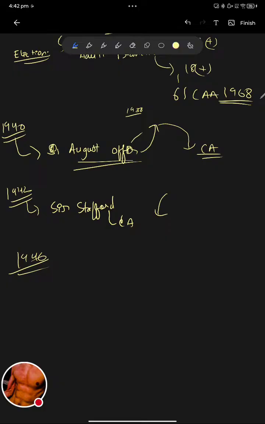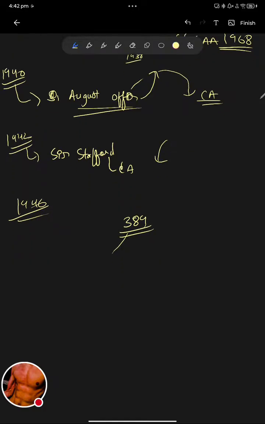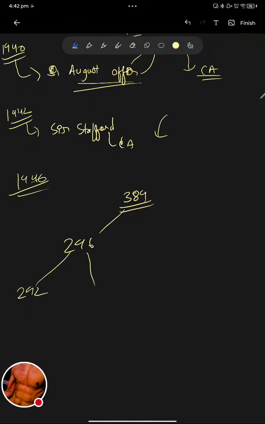Then the composition of this Constituent Assembly: there were 389 members, and out of these 389 members, 296 were from British India. Of these, 292 were from the 11 provinces and 4 were from the chief commissioner's provinces: Ajmer, Baluchistan, Kurg, Delhi.